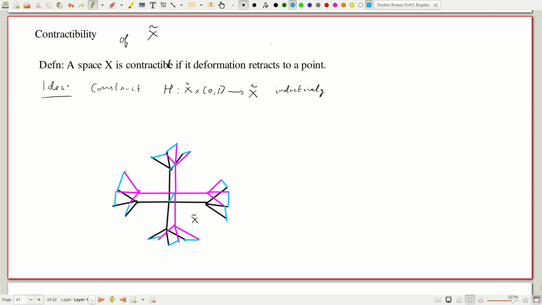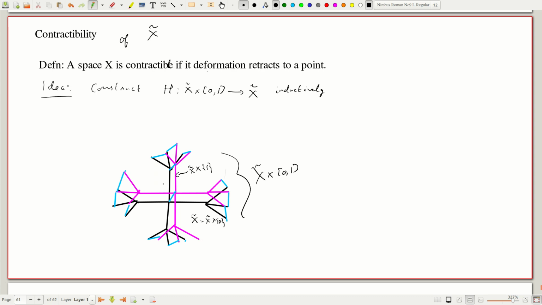So this is x tilde. This whole thing is x tilde cross [0,1], the purple colored one is x tilde cross 1, and this is x tilde, which is also x tilde cross 0.